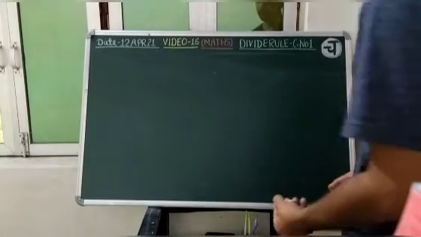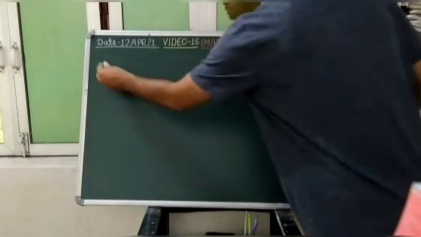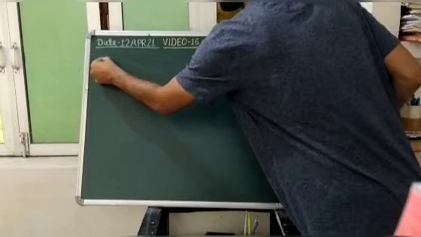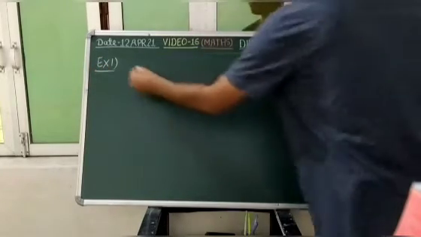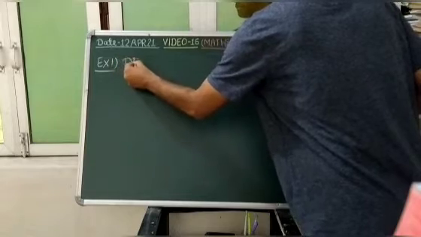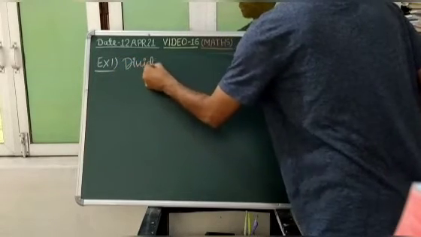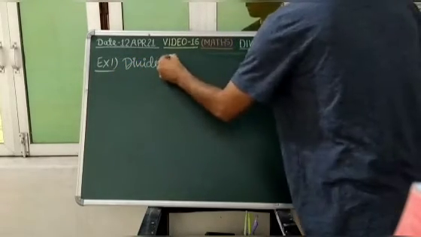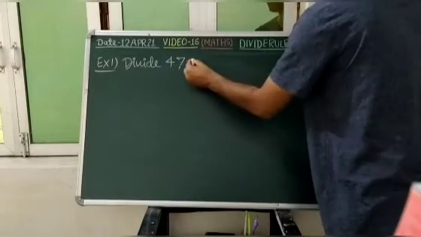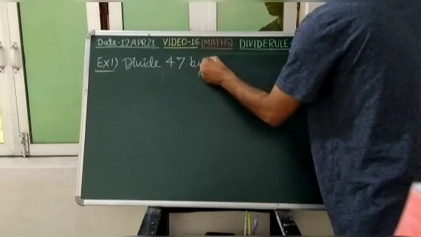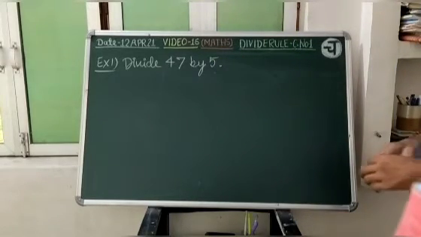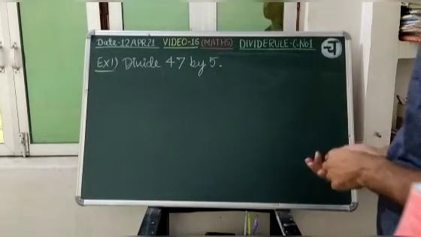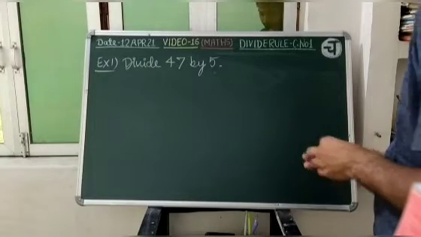Suppose we are considering this example. Divide 47 by 5.